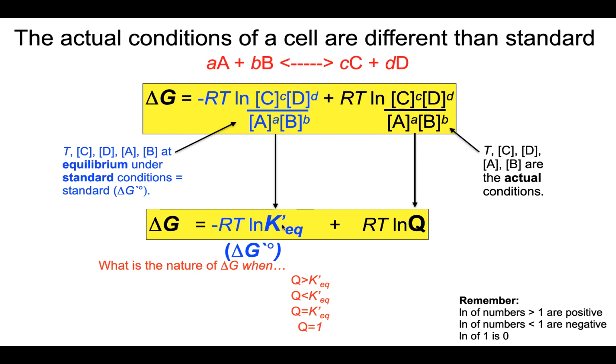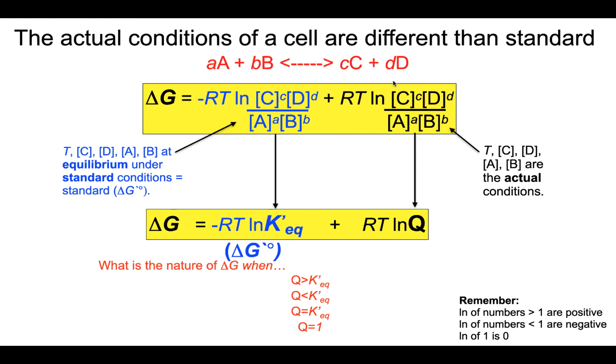Now, if we take the negative RT and natural log of that, that's our standard delta G. So in order to figure out the actual delta G of a reaction, you first need to know its standard delta G, its inherent nature, where it wants to be.